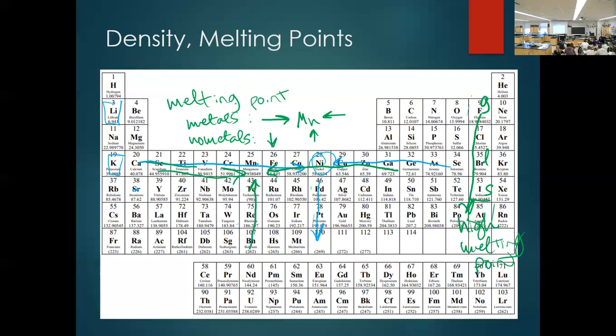So what does that mean? Does manganese have a higher or lower melting point than chromium? It's the highest, right? The points of these arrows mean the highest. Okay, that makes sense.